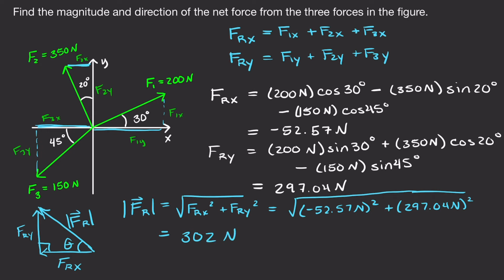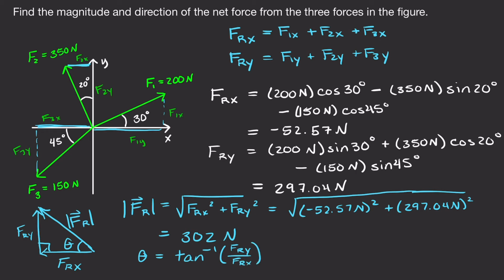And now if we want to find the angle, we typically use inverse tangent. It's opposite over adjacent, and so for me that is FRY over FRX.